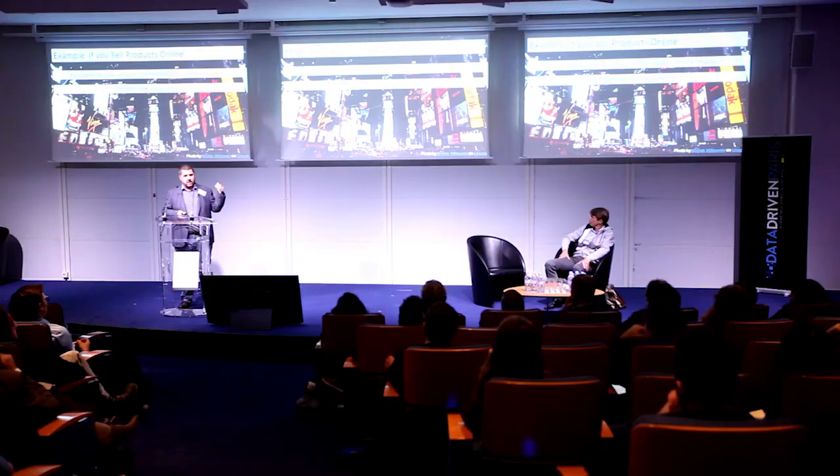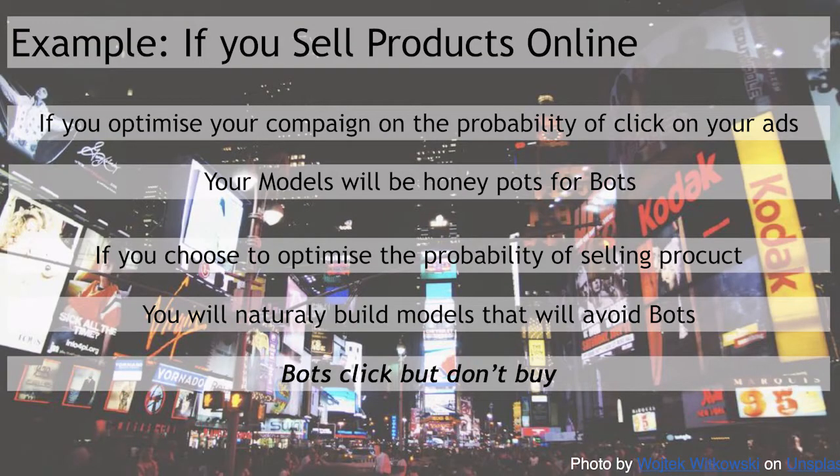Yes. But what you're really, in fact, doing is building a huge honeypot for bots. Because today, more than 50% of internet traffic comes from bots. And bots click a lot. So what you really should be doing is not improving the probability of clicks.